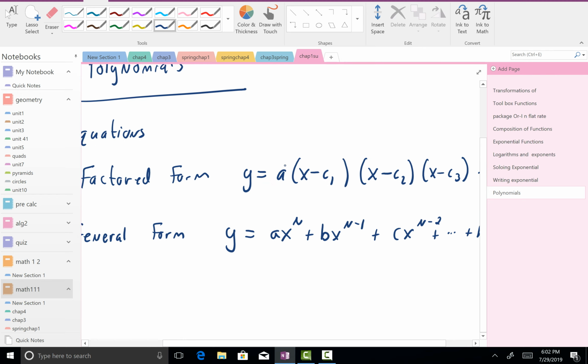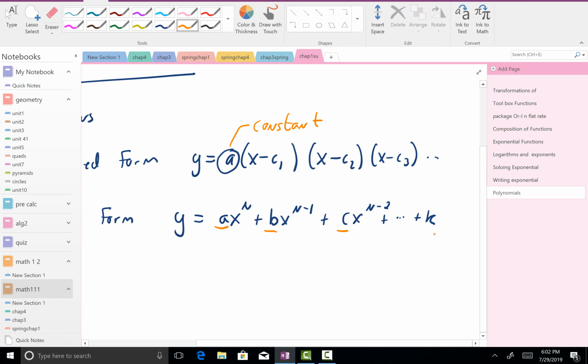Okay, so A is a constant, all right? And here A, B, C are all coefficients, I should say. Maybe I should say this isn't, well, that's constant. So these are all real number coefficients.